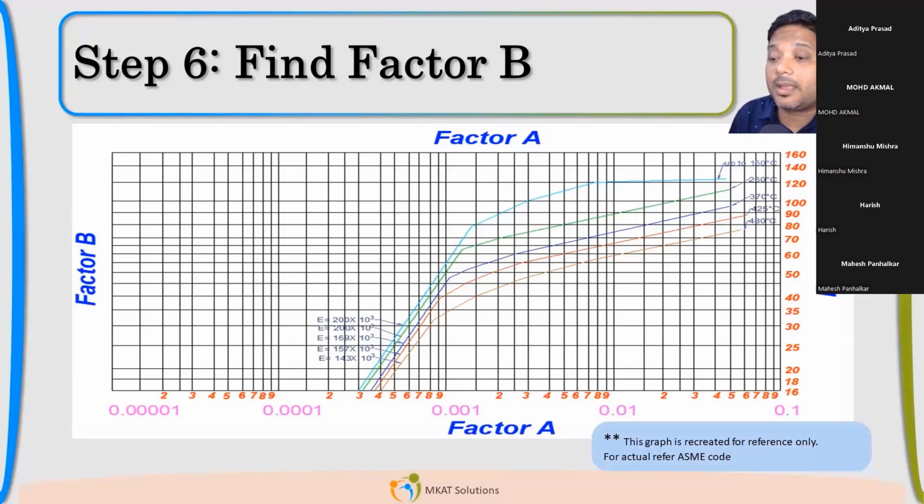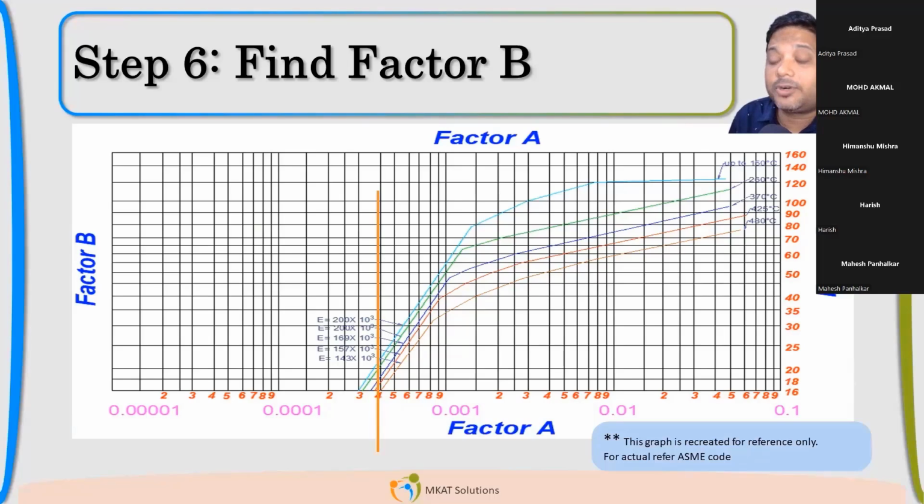So if my temperature is up to 150, which is the case in this example, I'll have to follow this line, which is of cyan color. This is the line which I have to follow. Factor A I already know. So first, at the same factor A, which is 0.00038 or 39, at the same location I'll draw a vertical line.